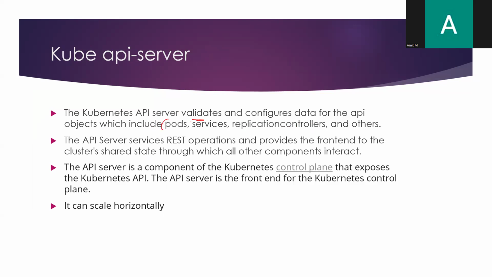For now, take these as Kubernetes API resource definitions; we will discuss them in detail later. The API server serves REST operations like get, put, post, delete, and modify for the components. The API server is the component of the Kubernetes control plane that exposes the Kubernetes API.